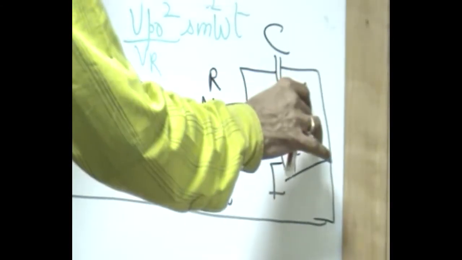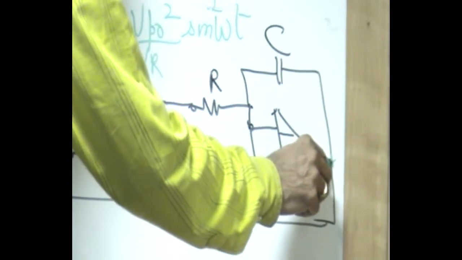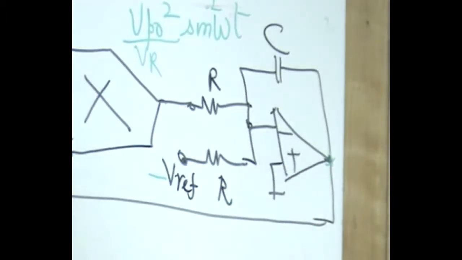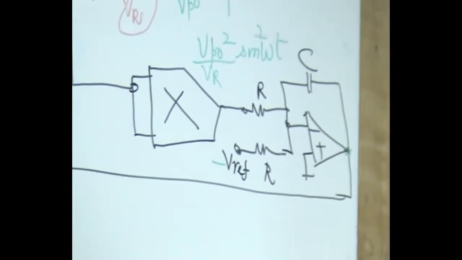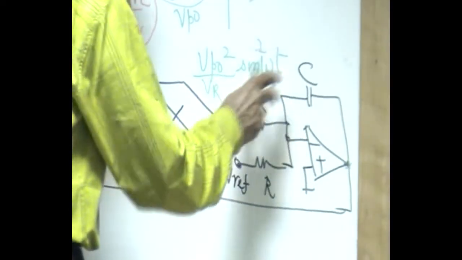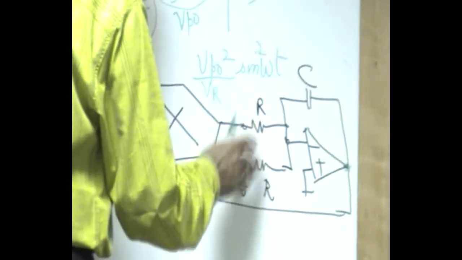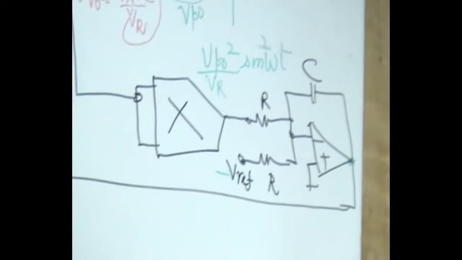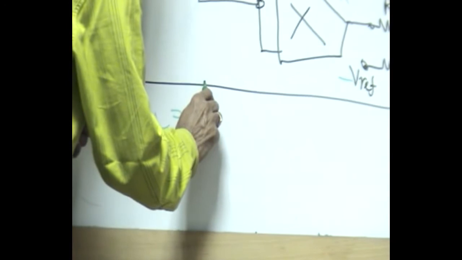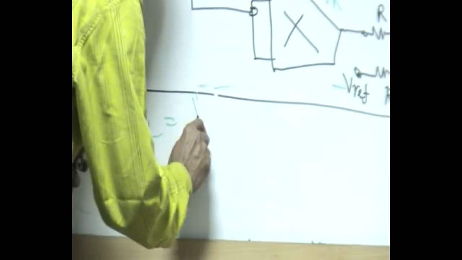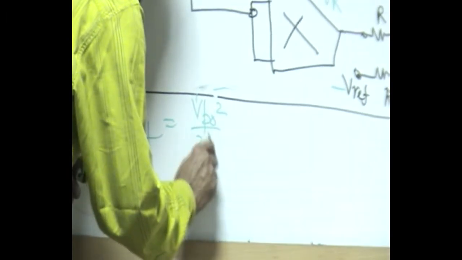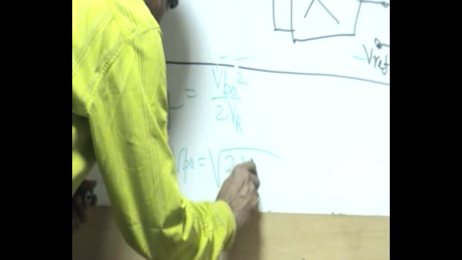If the capacitor doesn't charge, then the output of the amplifier remains constant at value E. So now we want this output amplitude to become equal to V reference, that is, V reference becomes equal to Vpo squared by 2Vr, or Vpo becomes square root of 2Vr times V reference.